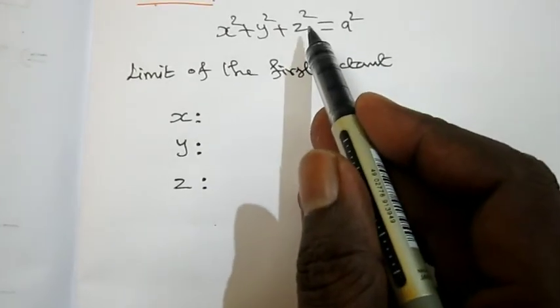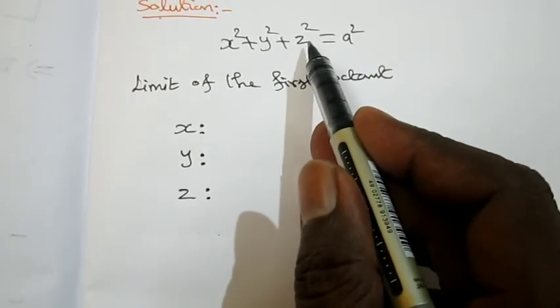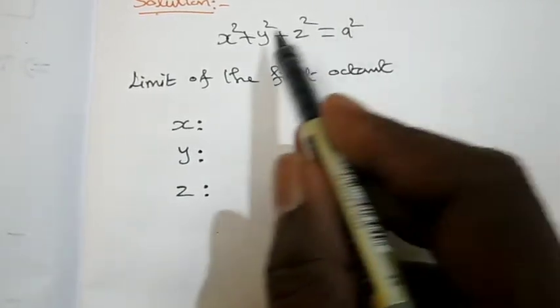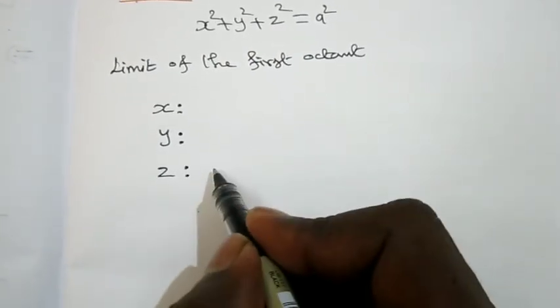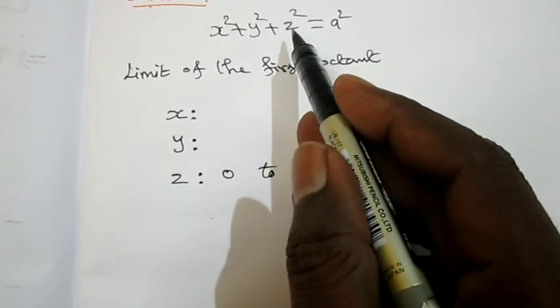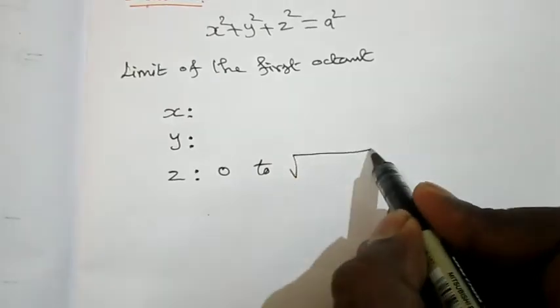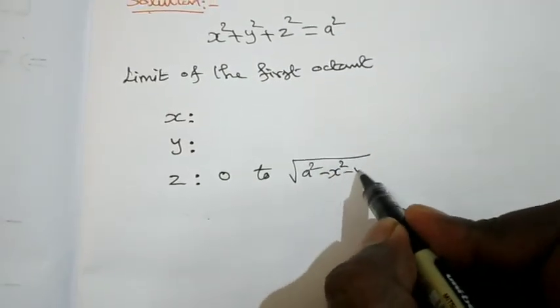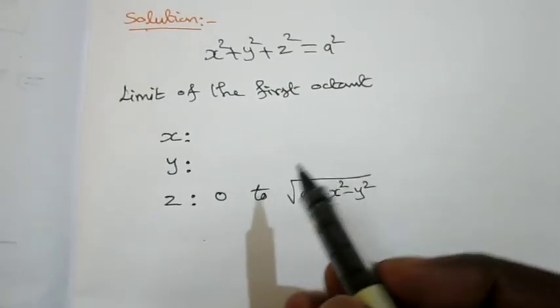From this, z equals root of a² minus x² minus y². In the first octant it starts from 0, so z goes from 0 to root of a² minus x² minus y². This is the z limit.